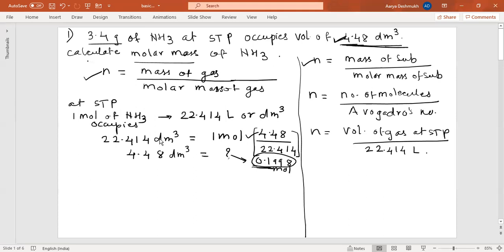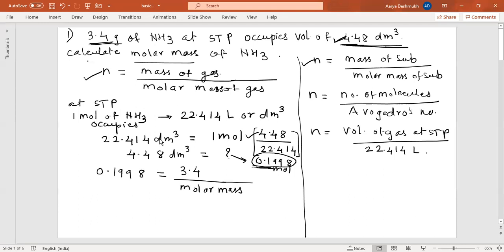Okay, so here you can substitute N, the number of moles, 0.1998, equals the mass of gas, which is given as 3.4, divided by the molar mass, which we are supposed to find out.